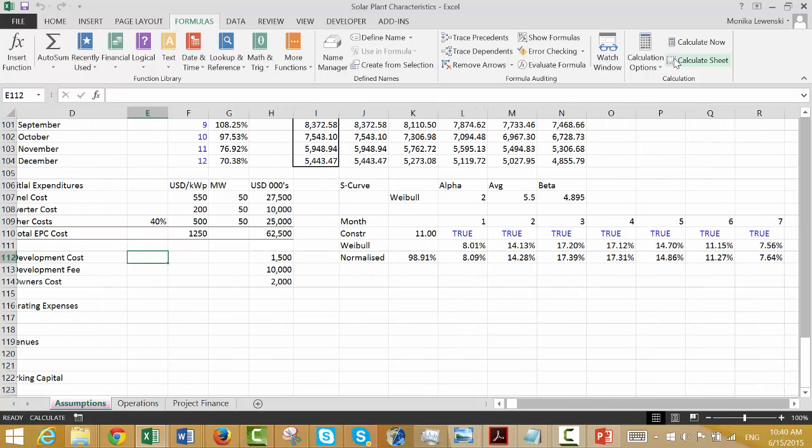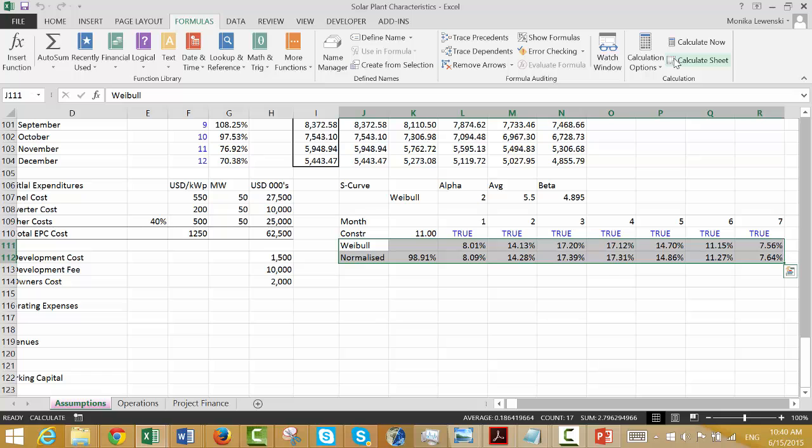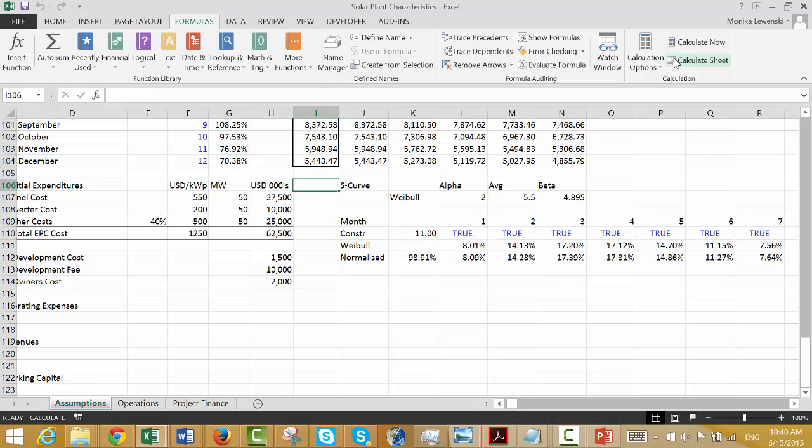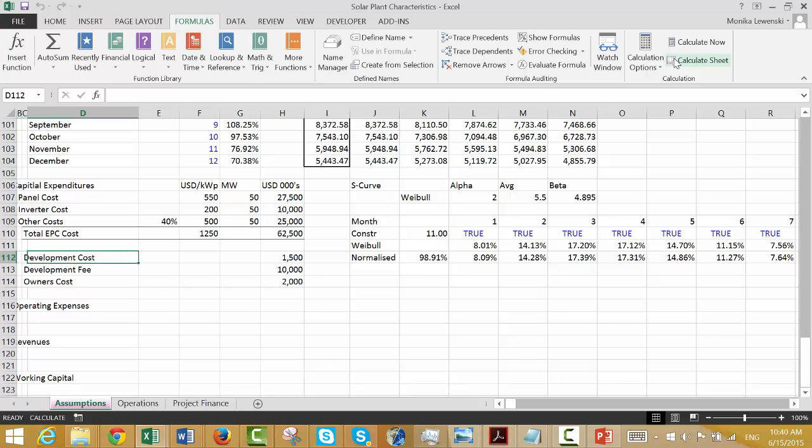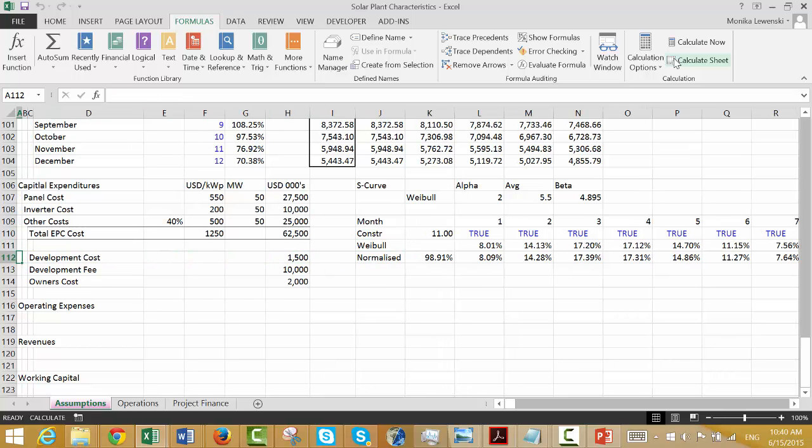Now let's say we change, instead of 11 months, let's say we have 10 months. What we'd have to do is make sure that our last month is handled. I want to put this in right next to it. Let's move this down one.